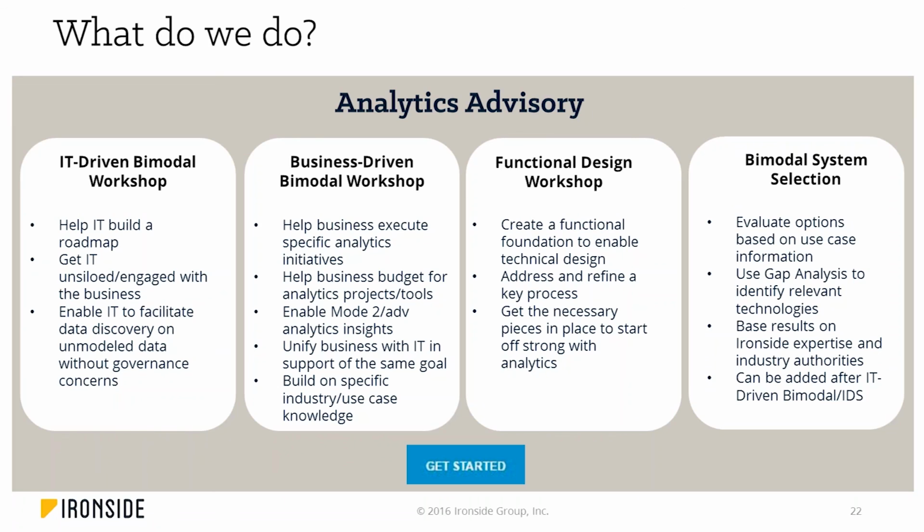Next one is functional design. So this comes into play with budgeting and planning and forecasting, and incentive compensation management, where you're really trying to replace a process, right? So a little bit different than IT, where you're trying to figure out how to meet the strategic initiative. Here, you're really trying to replace a process.